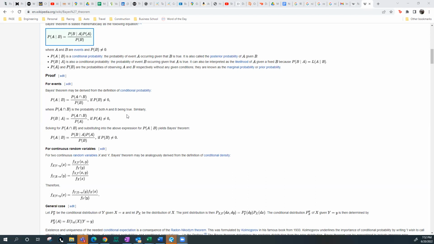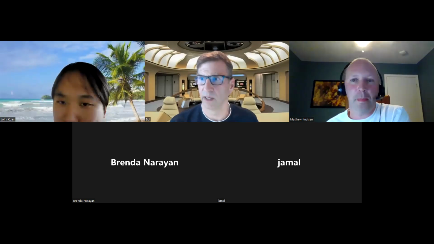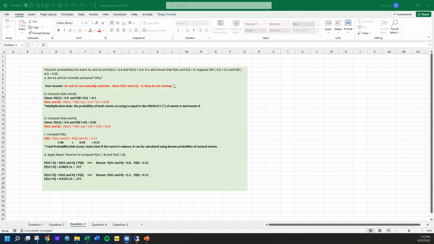So if you go back to, I'm going to share my screen one more time. This one here. If you were to do a Venn diagram, we know that the Venn diagram would be two separate circles inside the little box. Because if A1 and A2 equals 0, that means that they don't overlap.